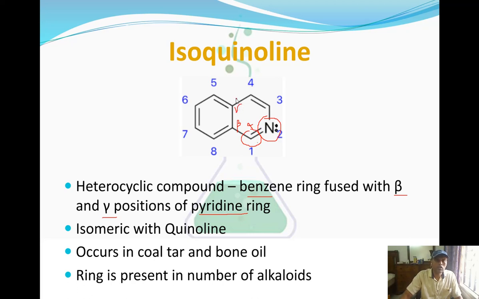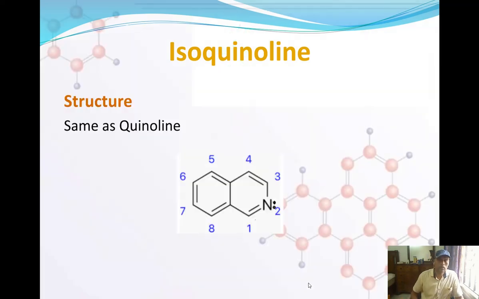So the fusion is taking place at the beta and gamma carbons, right? This isoquinoline occurs in coal tar and bone oil. This ring is present in many of the alkaloids that we will see at the end, in medicinal uses.